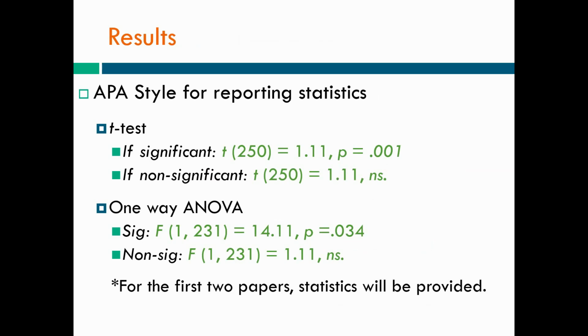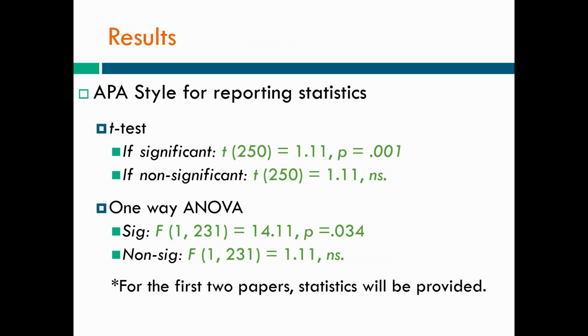All right, here are some very important guidelines for writing a results section. So for example, when we report the statistics themselves, if a finding is significant, and we're doing this within the context of a t-test, you would have the t followed by parentheses in which the degrees of freedom are inserted, equals whatever the t-value is, comma, the p-value.